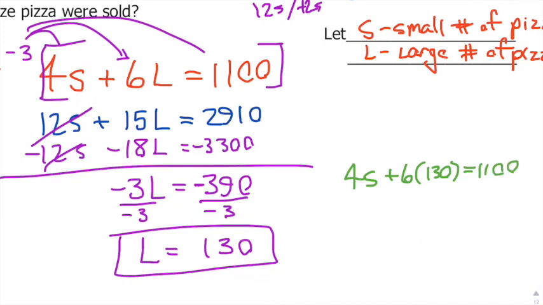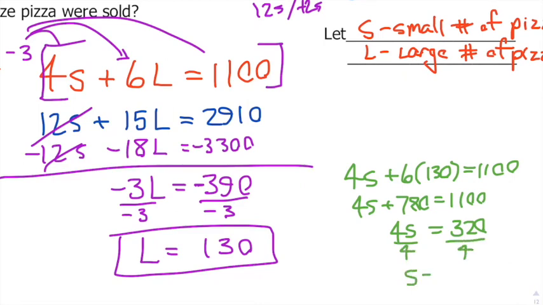And just so I don't have to do any thinking here, I'm going to pull up the calculator. 4S plus 6 times 130 is 780, and then equals 1,100. I'll subtract that, and that gets us 320. Then we can divide by 4, which should be 80.